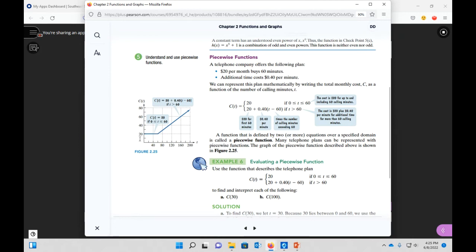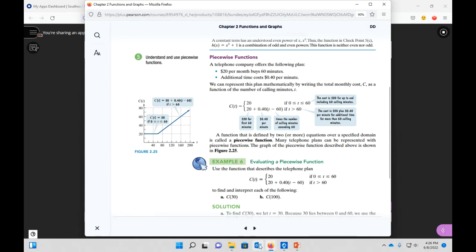And so it is a function because there is some relationship between the inputs and the outputs. You'll notice that there's not any violation of the vertical line rule, so that we don't get confused about what the cost is at a certain time. So it is a function, but we have two entirely different equations that describe it depending on where we are in the domain, or depending on where we are in the time.